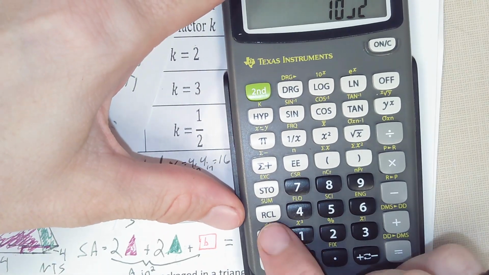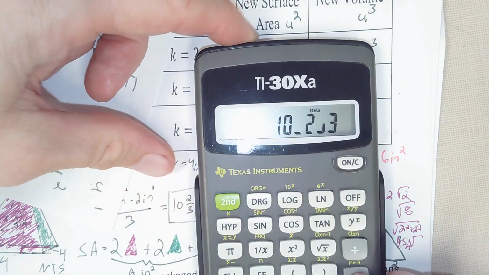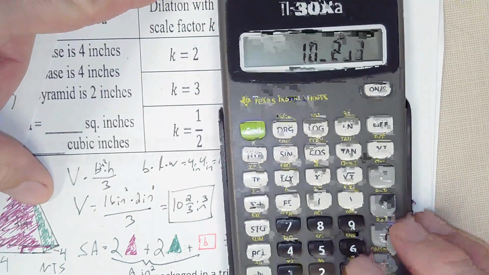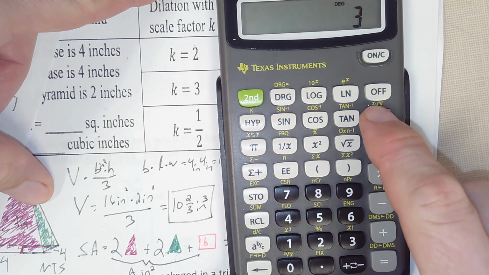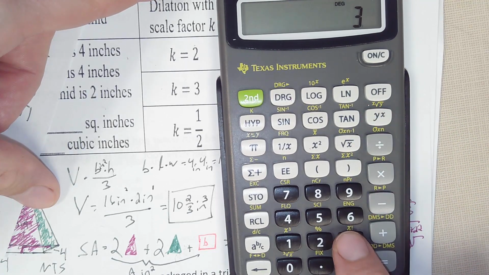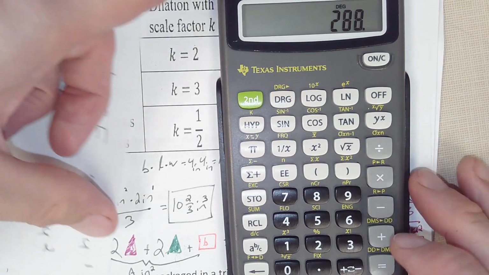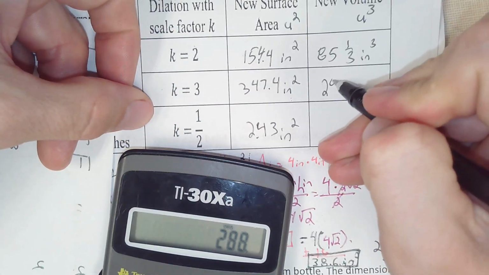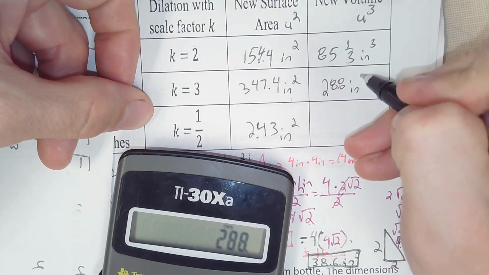Okay, 10 and 2/3 times 3 to the third equals 288 inches cubed.